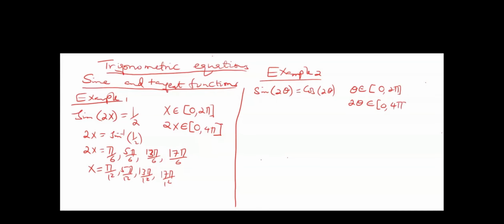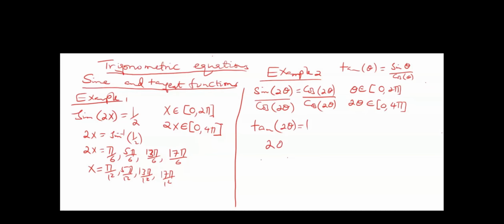That gives me 4 pi. The next thing I need to do, because we have sine here and cosine there, and we know that tan is change in y over change in x, so that means sine over cosine. So I have to divide both sides by cosine. That gives me 1, and the whole lot equals tan 2 theta equals 1, and 2 theta equals tan inverse 1, which equals pi on 4.